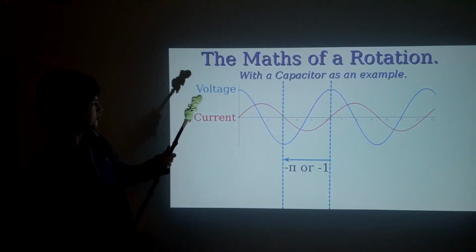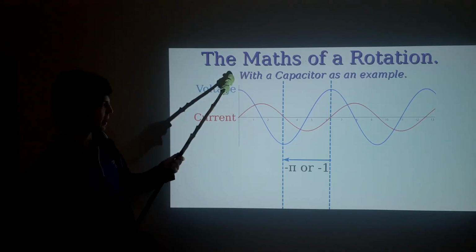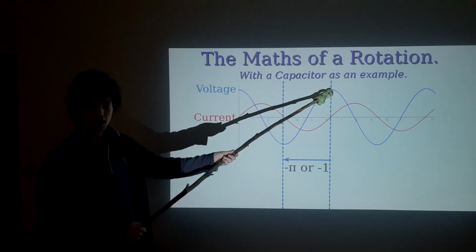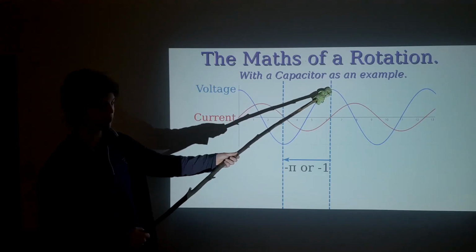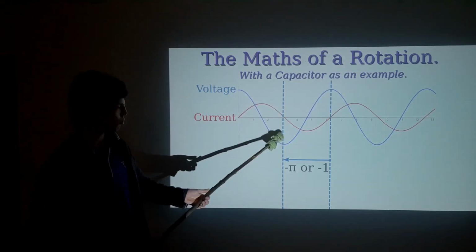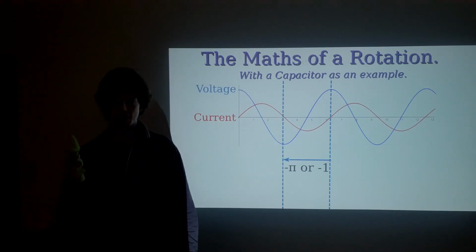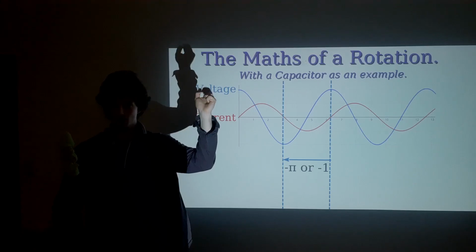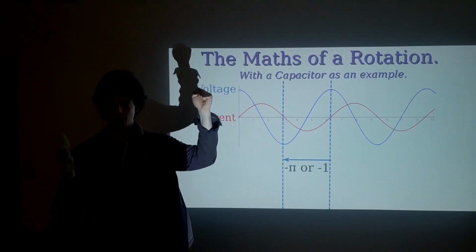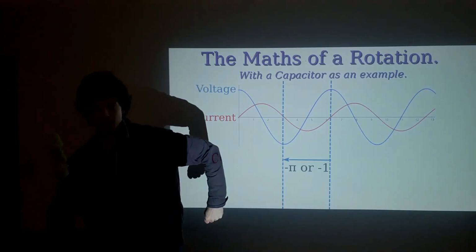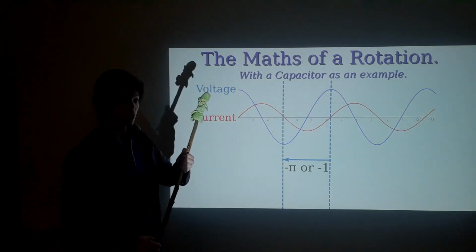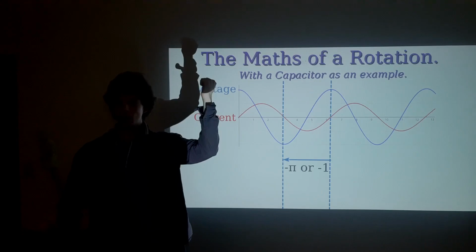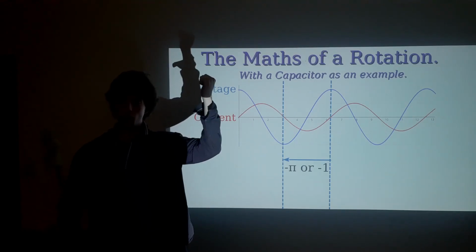First, let's just consider this oscillation for a capacitor. We have the voltage lagging the current like so, and if we want to consider the points where the voltage is going to flip from a maximum to a minimum, that'll be 180 degrees out of phase. So that's like something pointing up on my wheel, like the dot directly above the center to the dot directly below the center. Now, I could just call that a 180 degree rotation, or I could call it multiplying by -1, right?